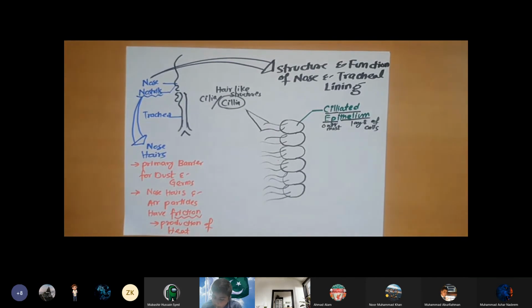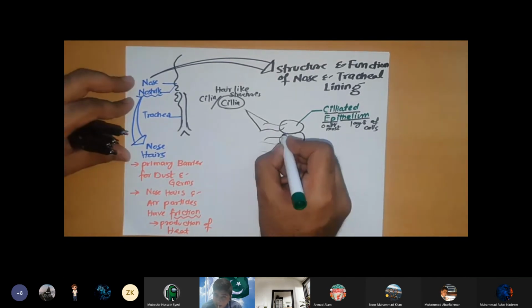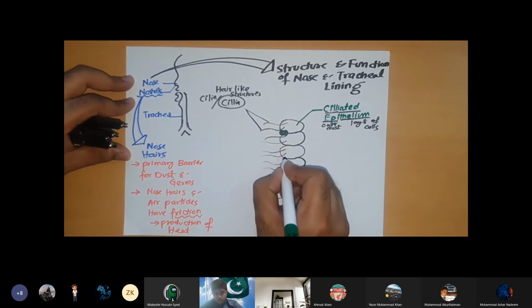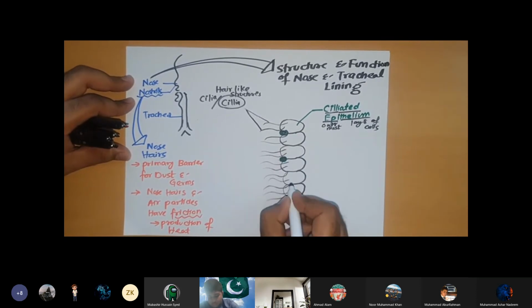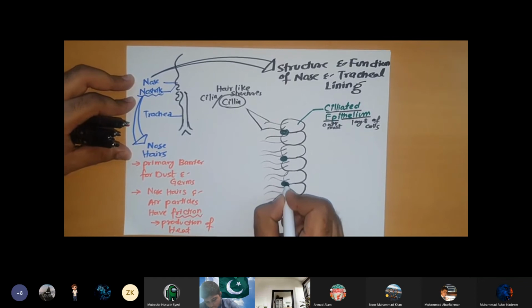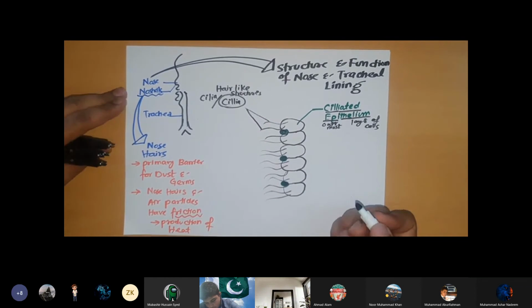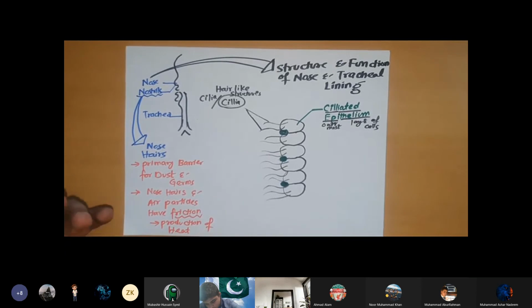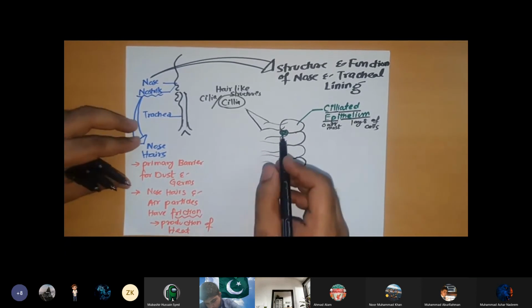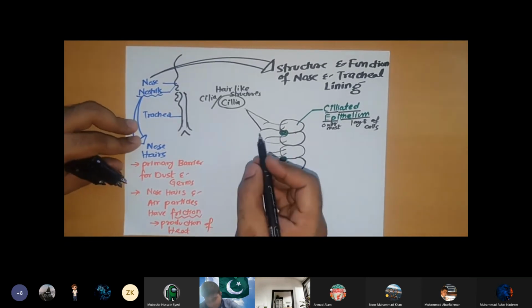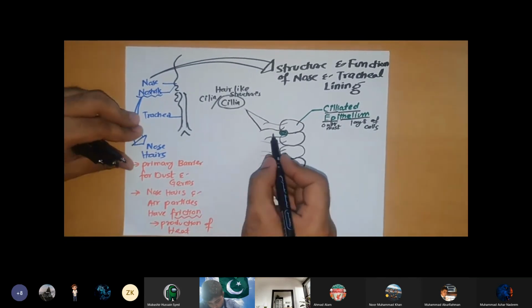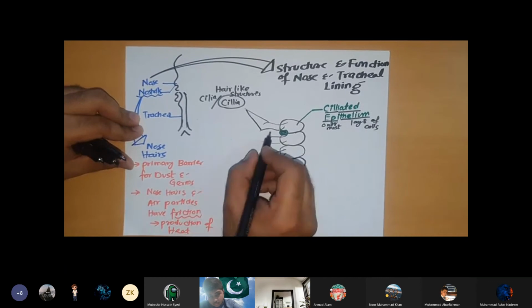Now, other than that, in between these cells another special type of cell is also present. We have learned about these special cells in the digestive system, and they are called goblet cells. Let me mention these cells over here with the red color so that we can differentiate later on.